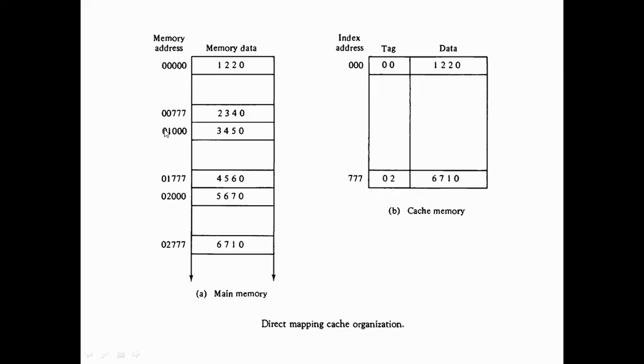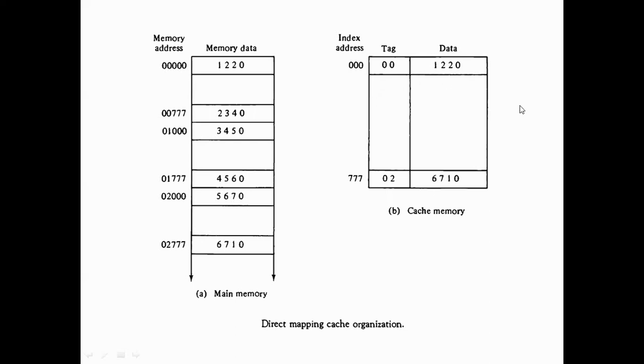Now, if the CPU wants this address 01000, then it cannot be moved to any other place. It has to be put here because the index is matching. So then we have to replace this 1220 by 3450. After some time, if the CPU wants 02000, then again the 3450 here will be replaced by 5670.